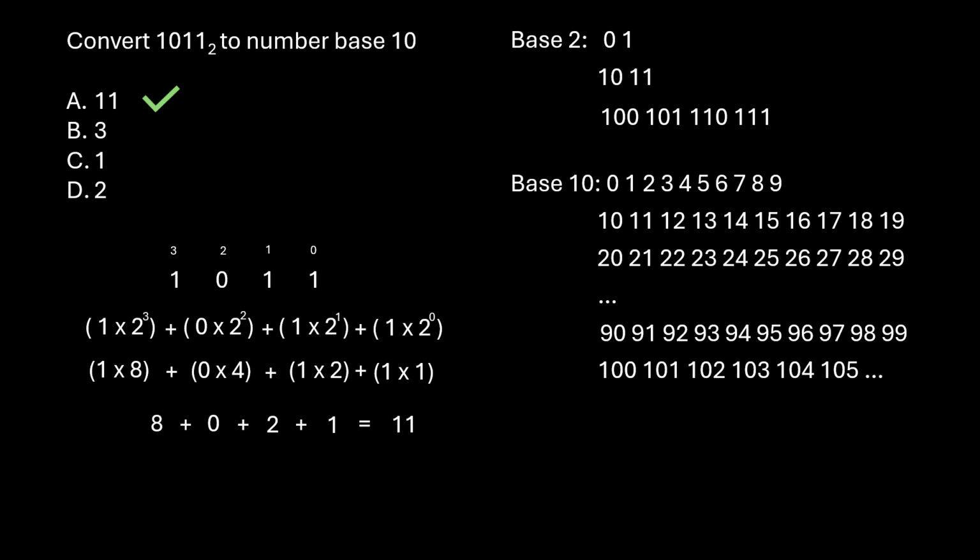And the labels represent the number of times we have exhausted the numerals in that number base. Then we multiply each digit by the base raised to the power of the labels we give, and then we add them together. And that's how we convert from any base to base 10 or to the decimal numeral.